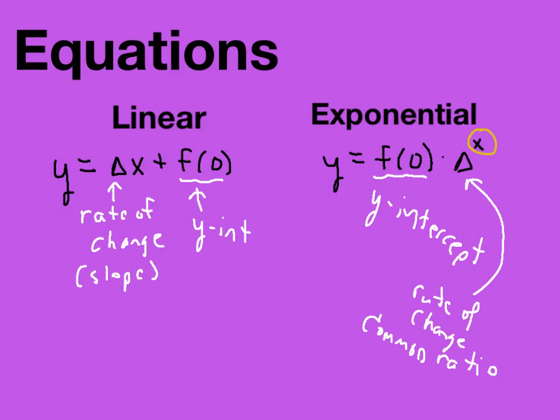The other format we saw, remember, was y equals mx plus b. On the exponential side, we will see the one I have given, as well as y equals a times b raised to the x, where a becomes the y-intercept and b becomes your rate of change.